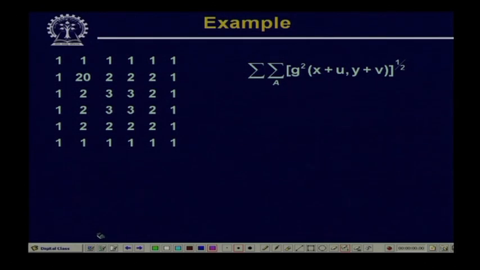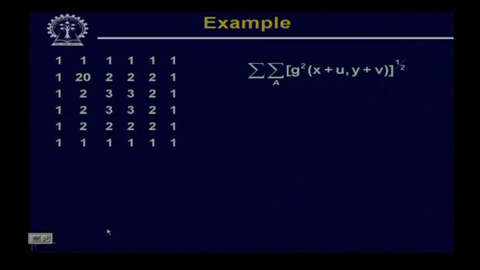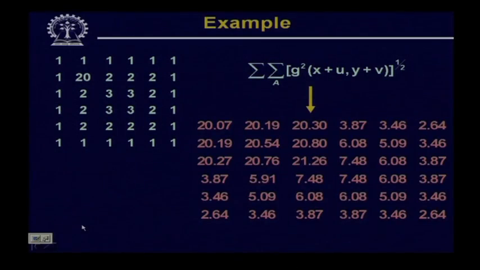Then finally, this normalization component that I get is given by this particular matrix. So, this cross correlation normalization coefficient has been computed for all possible values of u and v.